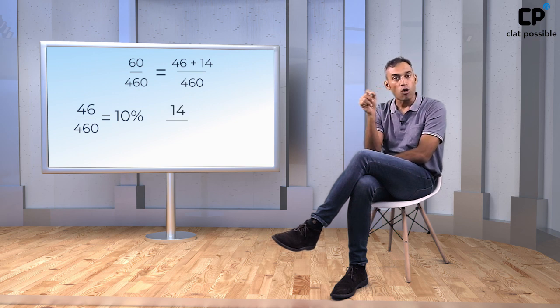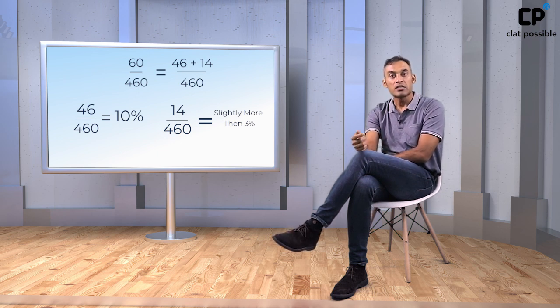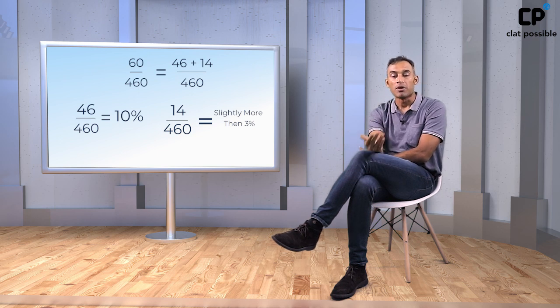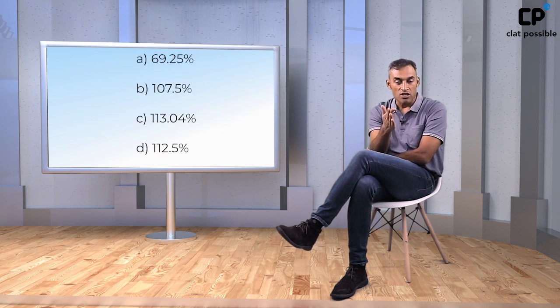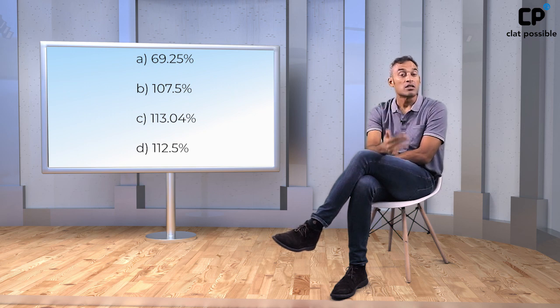And a 14 upon 460 is slightly more than 3%, because 1% of 460 is a 4.6 and a 3% of 460 is a 13.8. So that makes it slightly more than 13%. So if there is an option like 113% plus, and there is an option which is slightly less than 113%, we're going to look at a 113 plus answer choice.